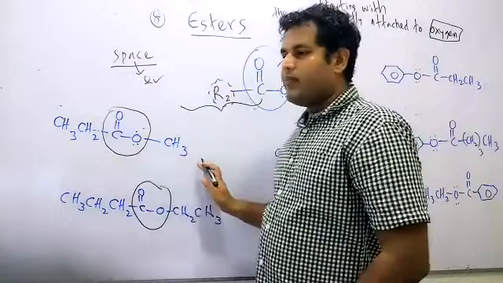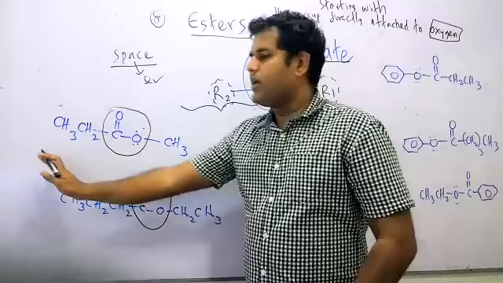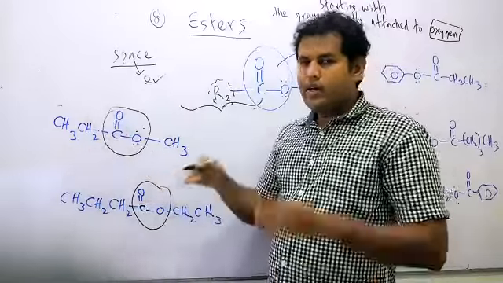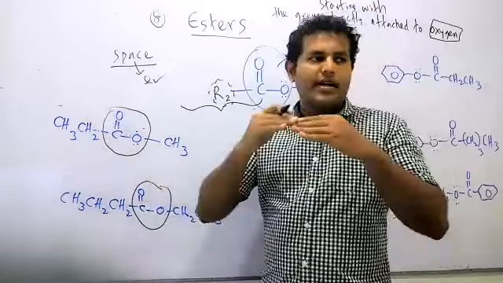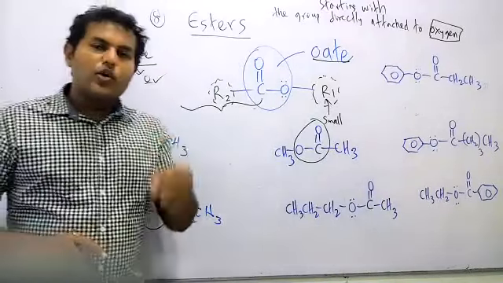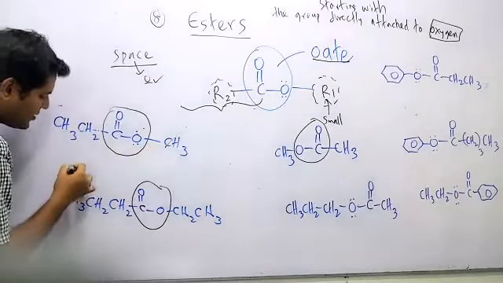Do we write the name from here to here? We don't write in Arabic, so we are writing from left to right. When we are writing our name, we start on the left side and write to our right-hand side, isn't it? So what we have to write first is the group attached to oxygen, that is methyl. Write this group first.